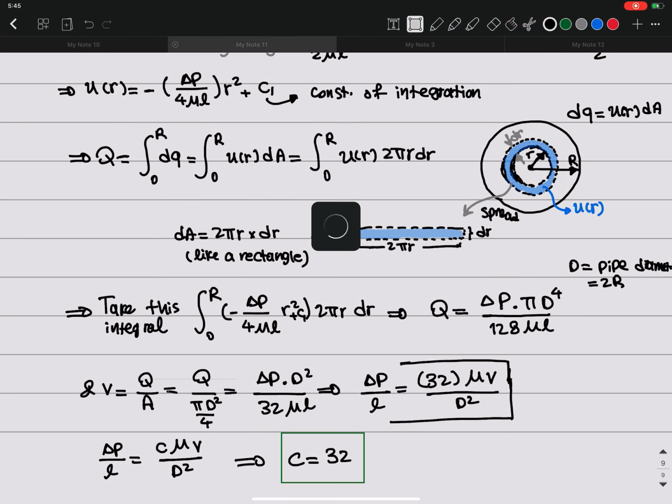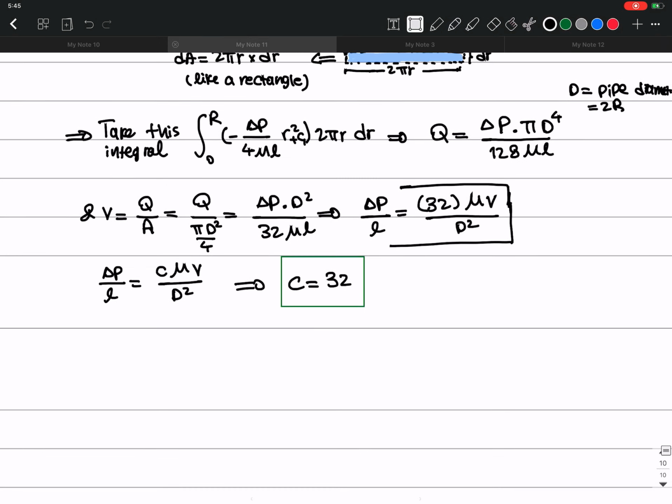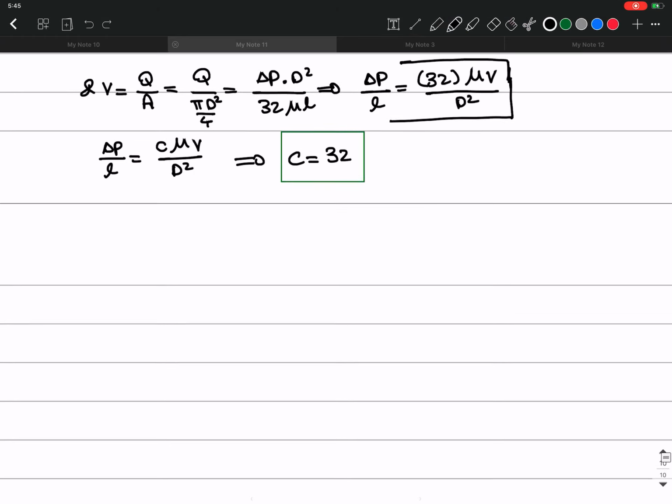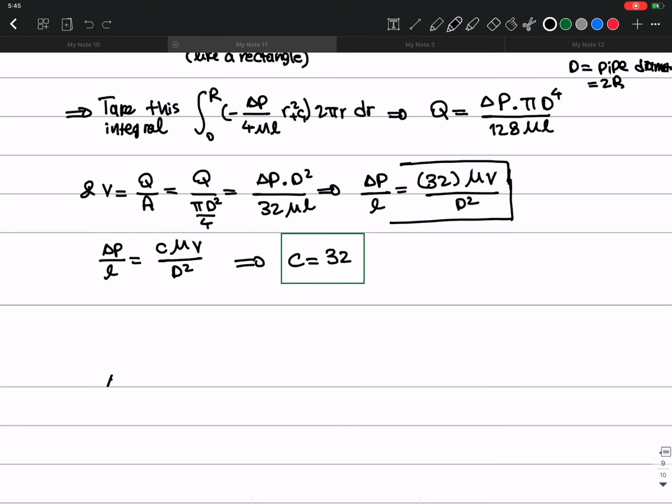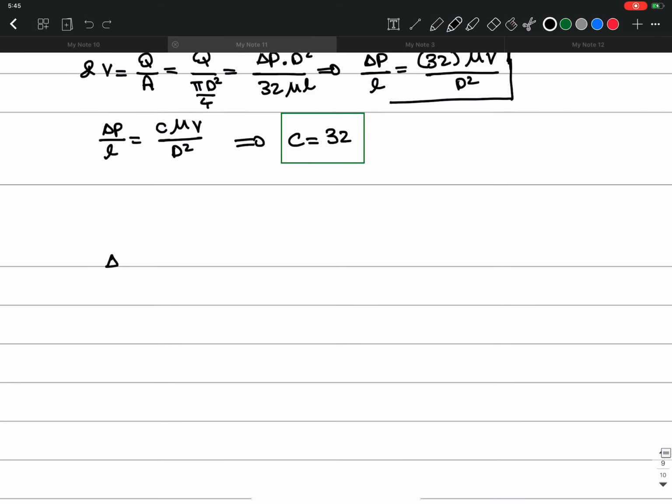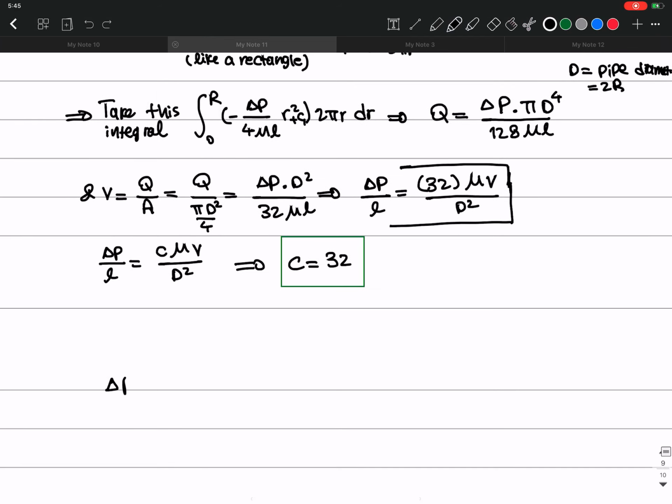Now I want to further simplify this relation. We found that delta P in round pipes, for laminar flows, is 32 mu V L over D squared.